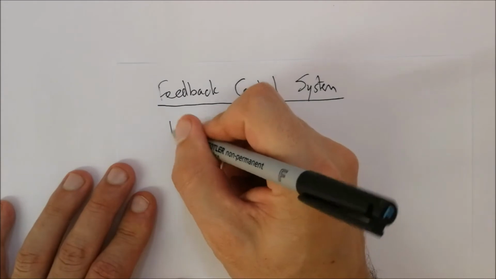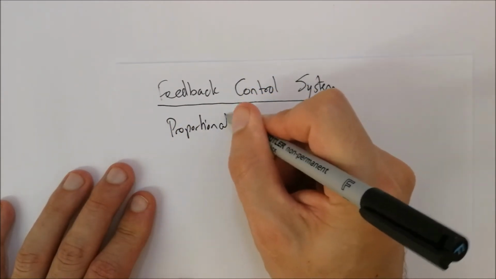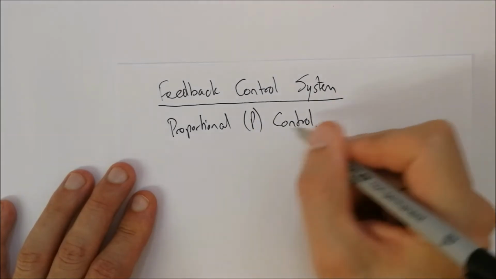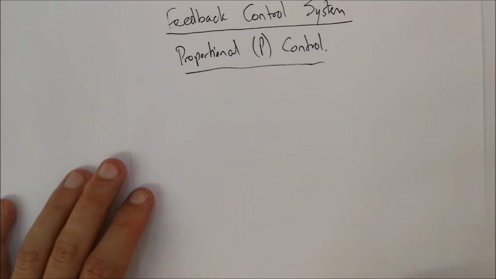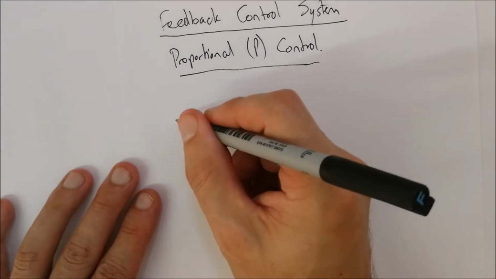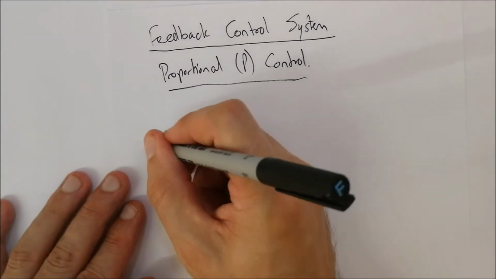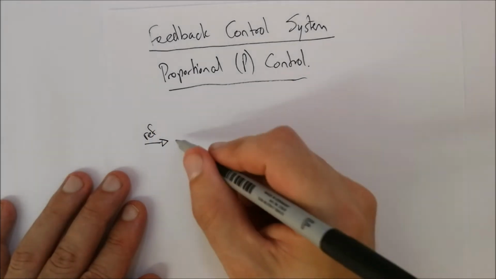We're going to be looking at what's known as a proportional control, or P control system, and then we will see how that affects the motion of the car. The way it looks for this proportional control system is that you've got some reference value that you want the vehicle to be going at.